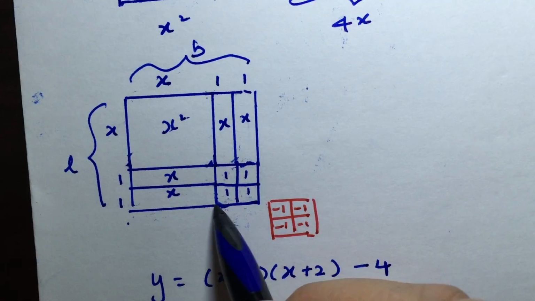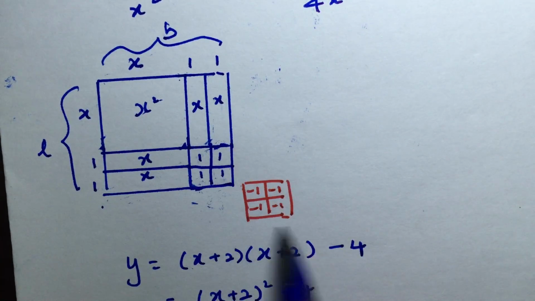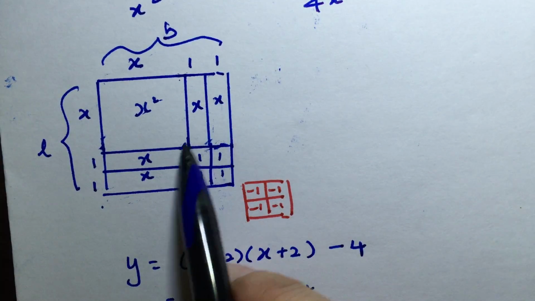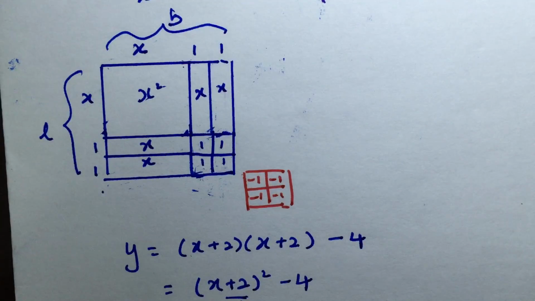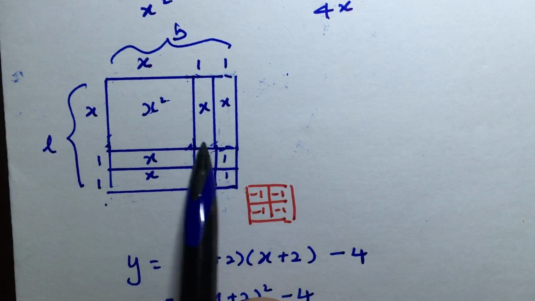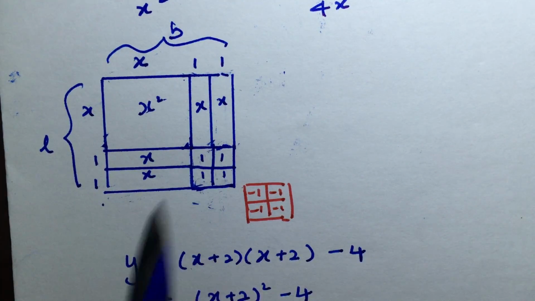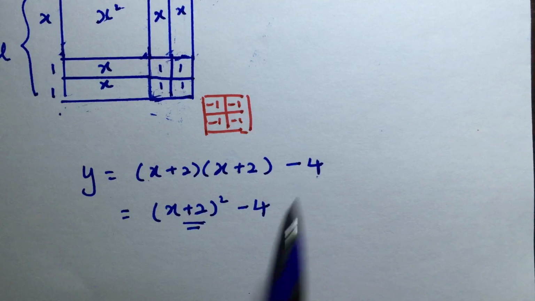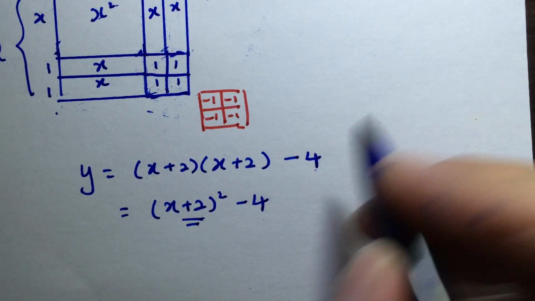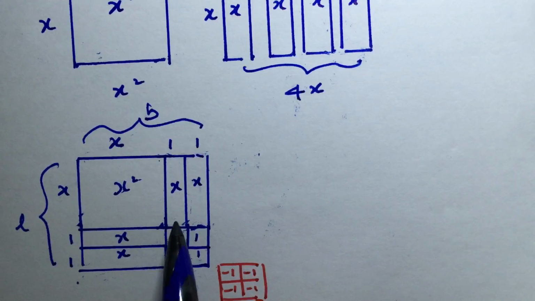And the numbers in the gap, when you introduce a set of zero pairs, will always be a square number. Why? Very simple. Since the length and the breadth will always be the same units, it will be a square number. So this 4 is actually from 2 squared, because I have 2 and 2.